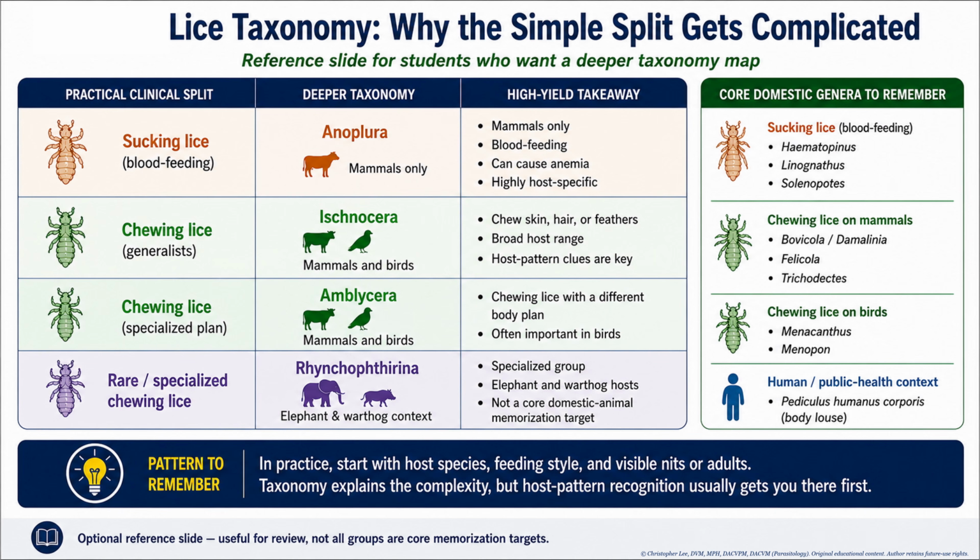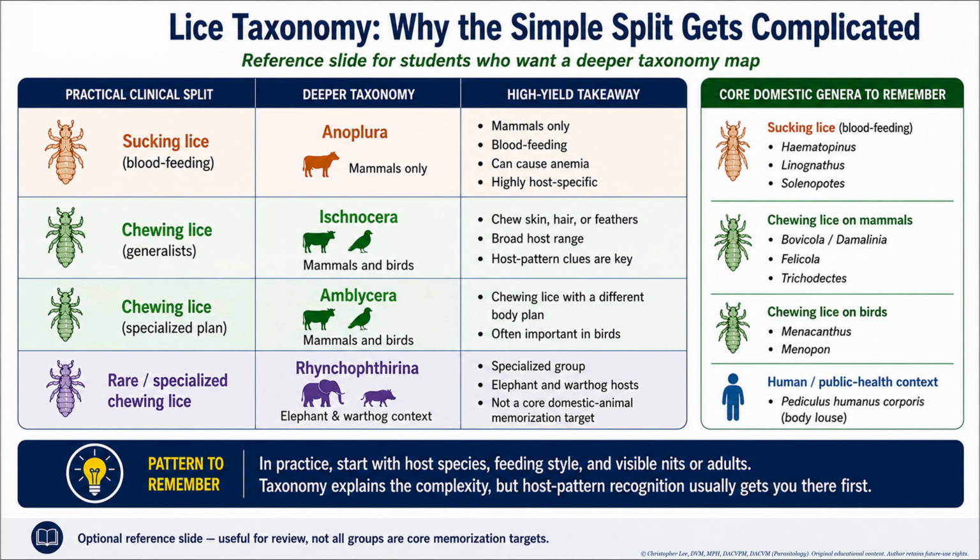Sucking lice reside in the suborder Anoplura. These blood feeders only affect mammals. Chewing lice span several different suborders. Ischnocera means slenderhorn, referring to their delicate antennae. Amblycera has blunt horns, thus look to the antennae to help differentiate.